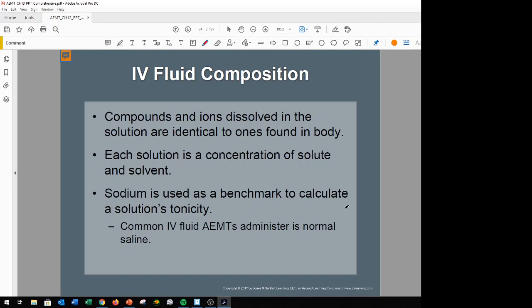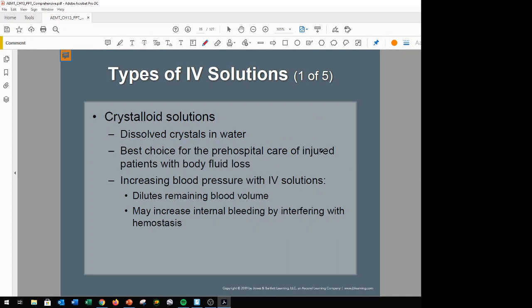A common fluid that we give is normal saline, and there's a reason for that, and we'll talk about it in just a second. Let's go back and talk about it now.